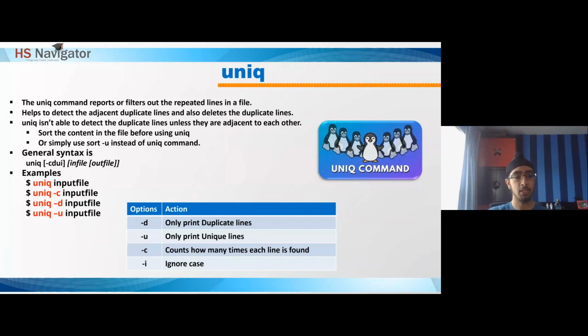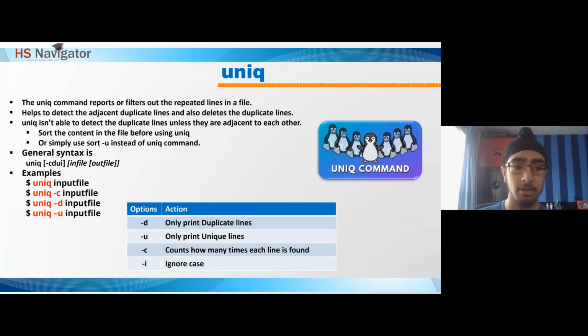So if you want to get the most out of uniq, you should sort the file before you use it, because then all the duplicates are right next to each other. Or you can use sort -u, because sort -u gets the unique lines anyway. You could just sort -u and pipe that into an output file if you don't want to deal with sorting it beforehand.